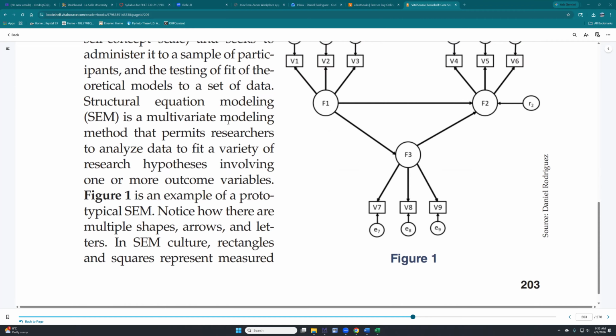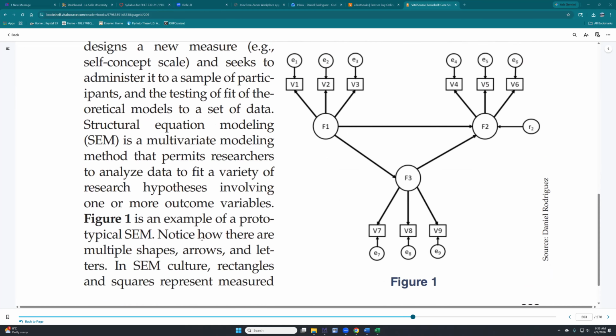So that's kind of what we're doing right there. You can see this in figure 1 here. This is a prototypical example of a structural equation model. We discussed this a little bit in dealing with exploratory factor analysis, but in SEM, structural equation modeling, circles represent latent variables or factors.